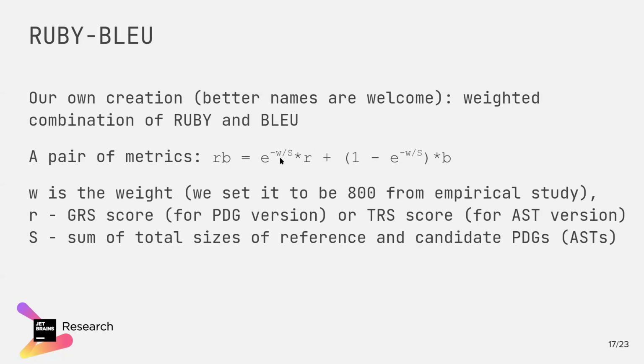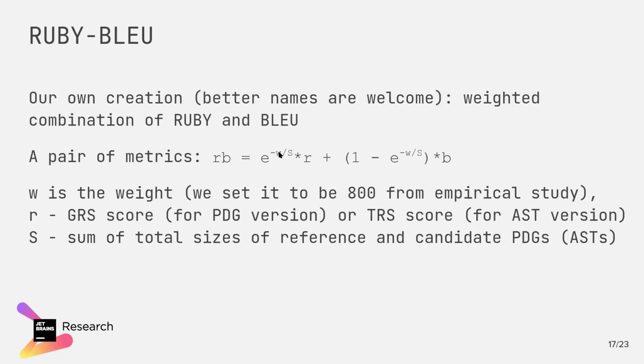We have an exponential weight here for the Ruby part of the score, and basically the longer the snippet is, the higher the weight with which we consider the GRS score or TRS score. Whether we want to consider GRS or TRS depends basically on our choice.